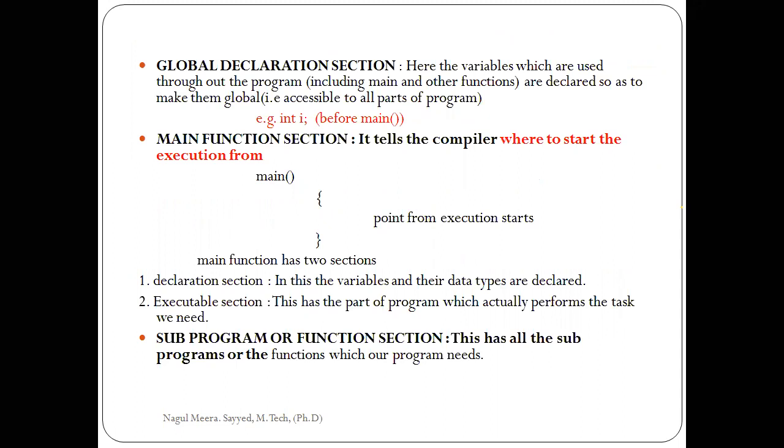Now, why this global declaration section? For example, if we want to declare some global variables in our program, at this time the global declaration section is used. What is the meaning of global? For example, I want to use some value in my entire program.